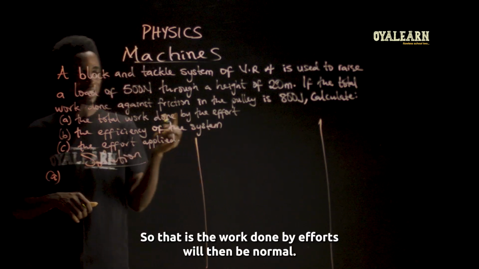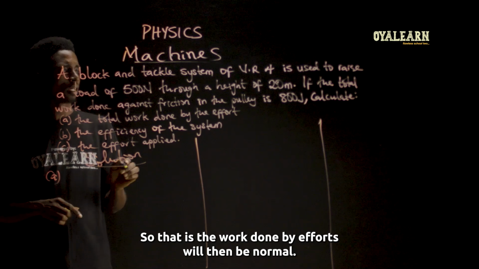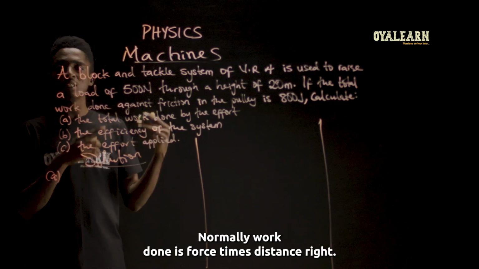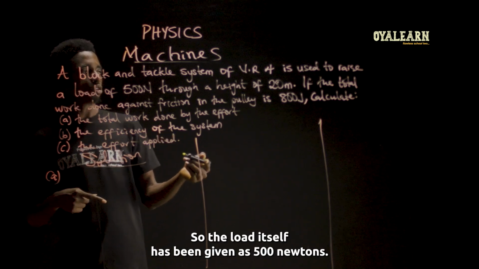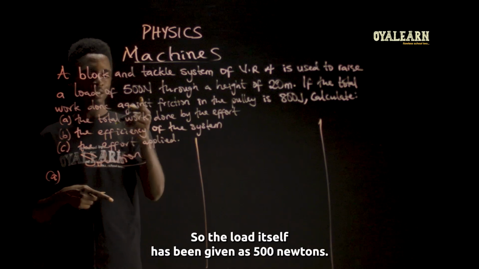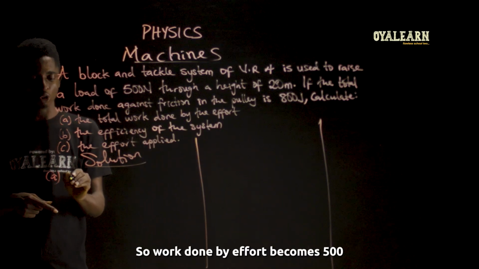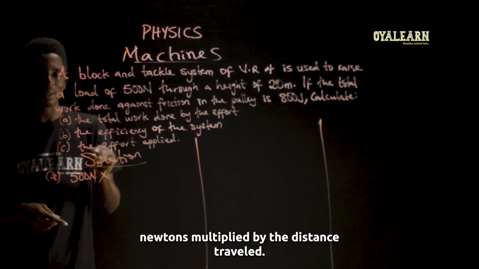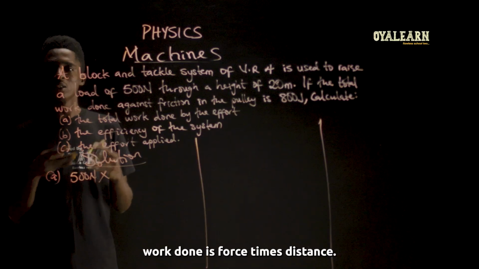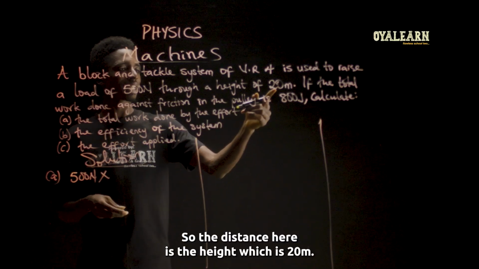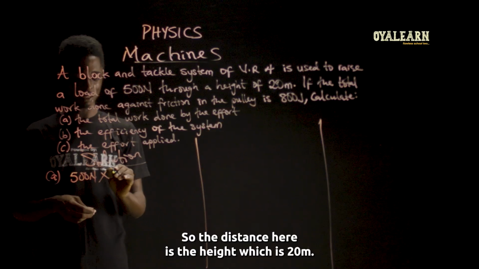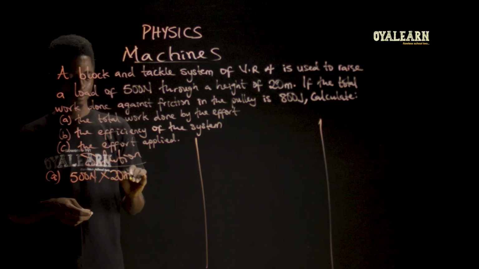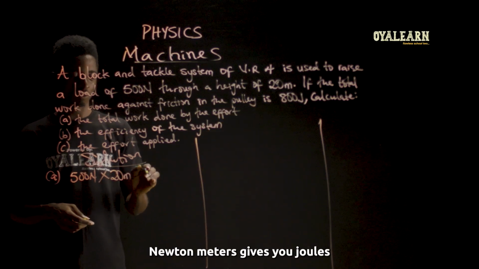Okay? So the work done by effort will then be, normally work done is force times distance, right? So the load itself has been given as 500 newtons. So work done by effort becomes 500 newtons multiplied by the distance traveled. Work done is force times distance. So the distance here is the height, which is 20 meters. Newton meter gives you joules.